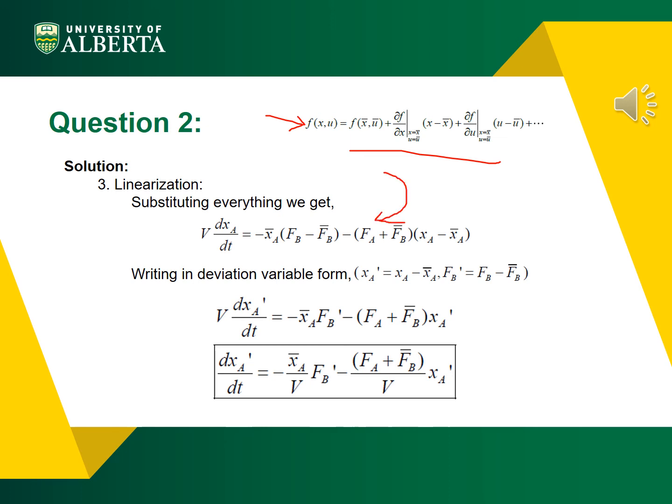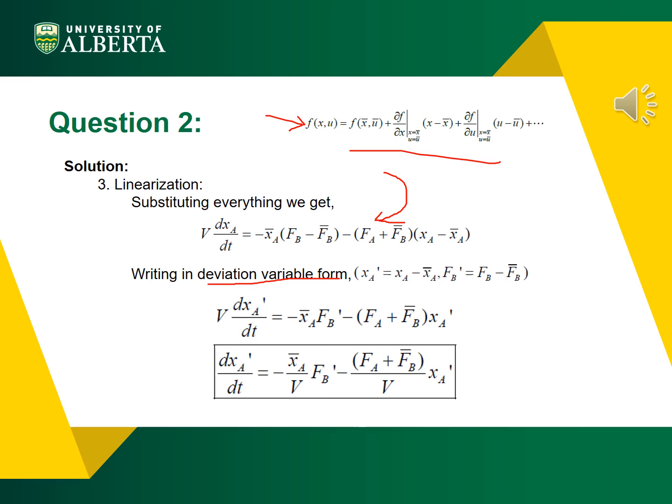And then generally we would write the linearized model in terms of deviation variables, because when you implement a controller, it is easier to work if your model is in deviation form. So here we declare the deviation variables: xa dash is equal to xa minus xa bar, and fb dash is equal to fb minus fb bar.